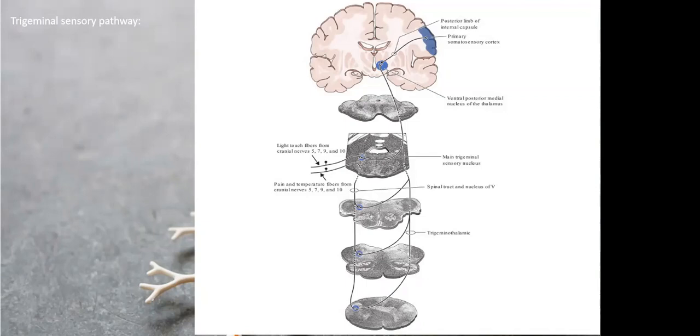So a problem in this nucleus or anywhere above it causes contralateral weakness. But if the problem is below it, we can have ipsilateral weakness of the face, but contralateral weakness of the body, because all cranial nerves supply ipsilateral areas of the face, but contralateral areas of the body.